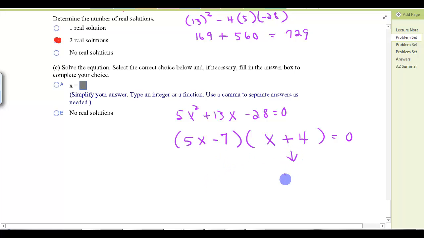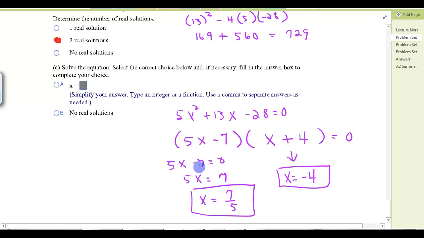All right, so that gives me x is negative 4. 5x minus 7 is 0, so 5x equals 7, so x is 7/5. So those are my 2 solutions, and I would click here and put 7/5 comma negative 4. All right, and I think that does it for section 3.2.